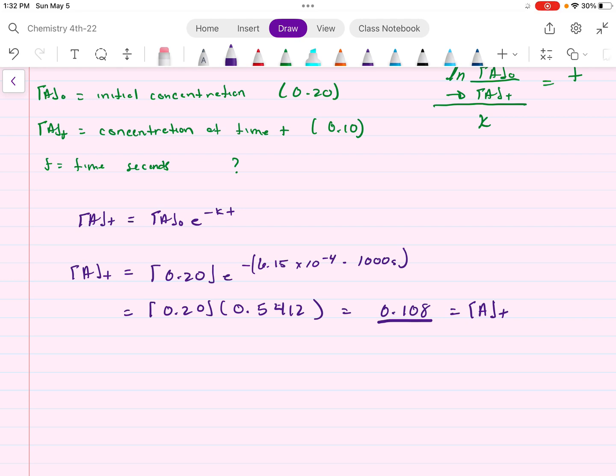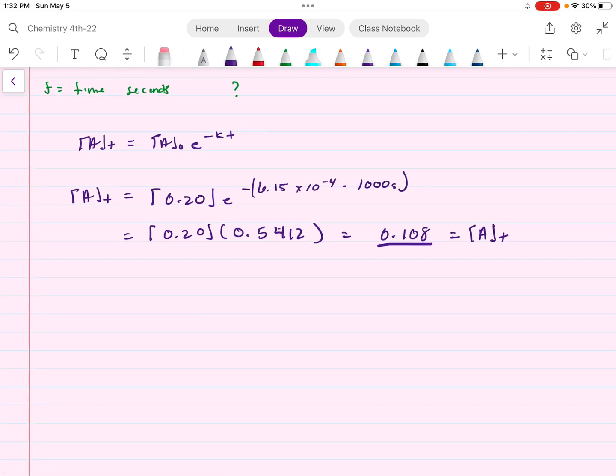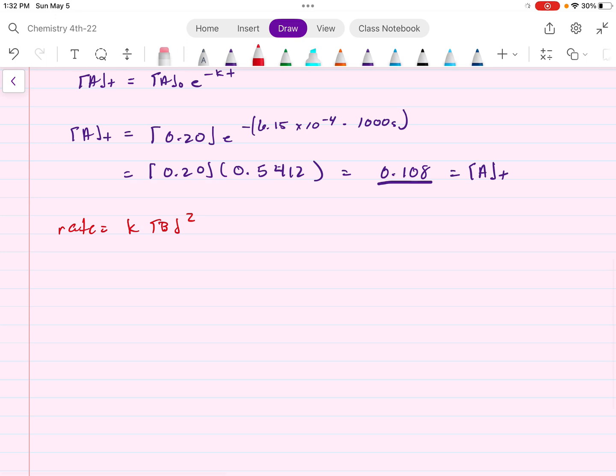So that's going to be for first order reactions. If you find out that your reaction is second order, right? So let's say that your rate is equal to K, and the reaction is second order, which is what we went over, then the formula changes a little bit.